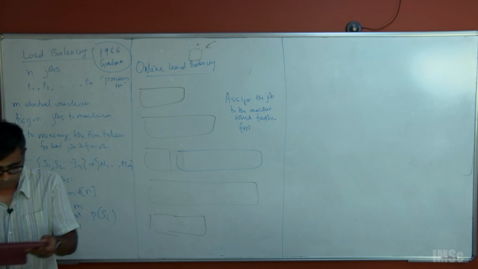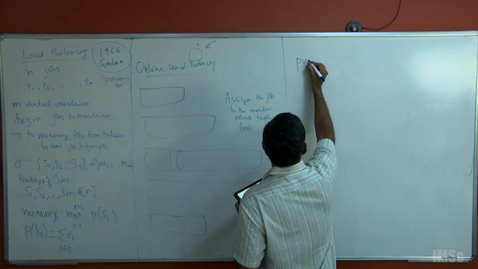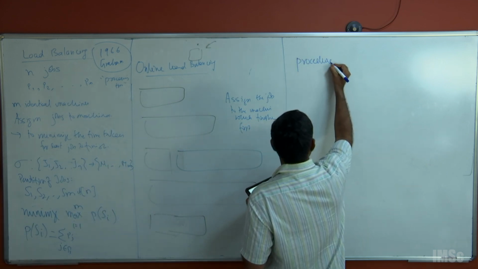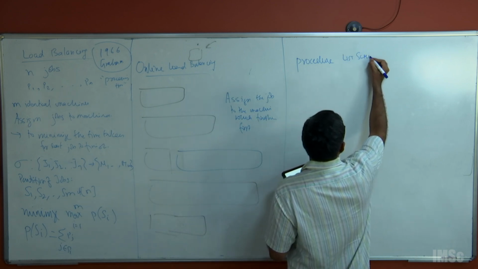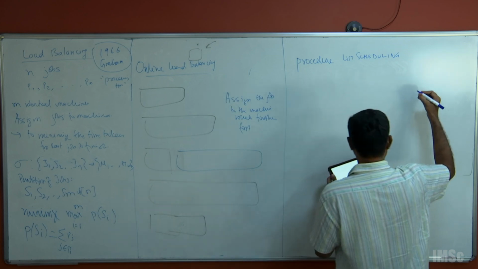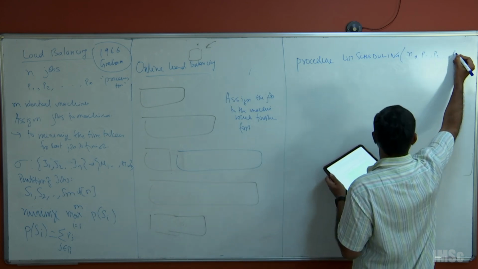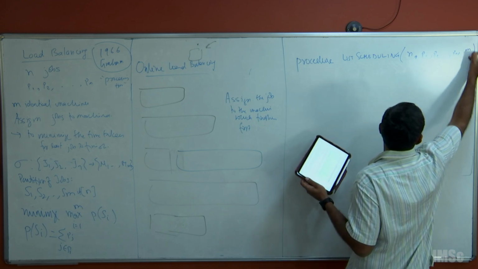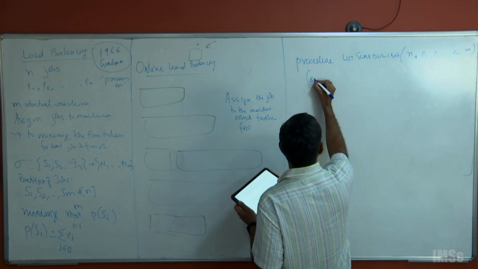Okay, so here's my algorithm. Let's write it down. Here's my procedure. It is called list scheduling. You have n jobs with processing times, and m, an integer, which tells us the number of machines.